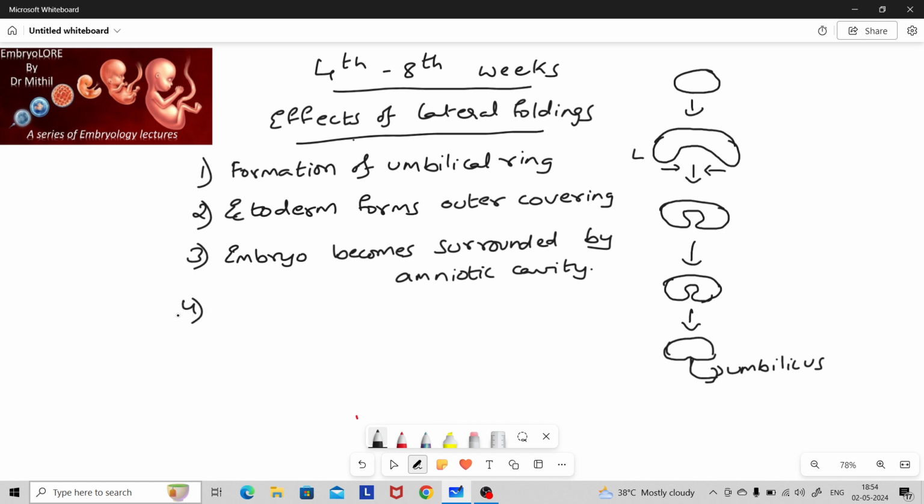And the part of the yolk sac gets incorporated to form the primitive gut. So the primitive gut is also forming now.